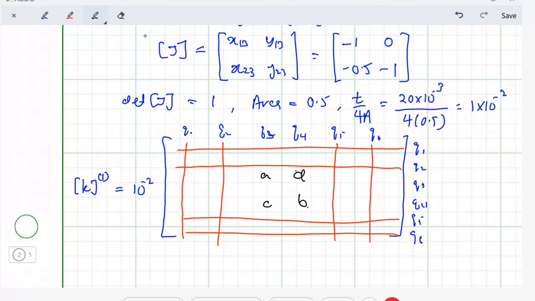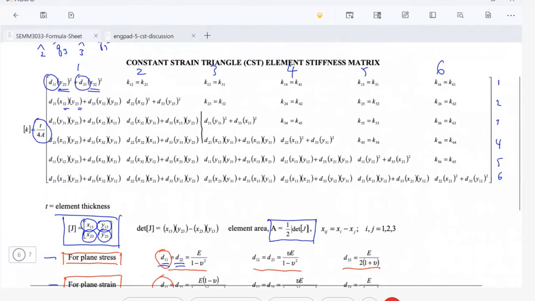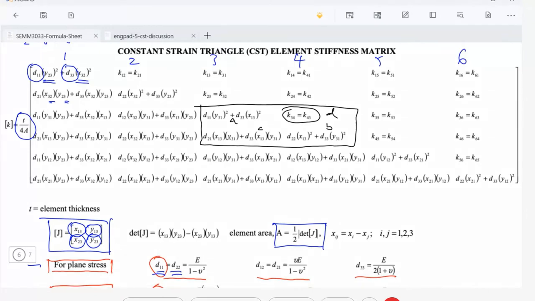So we need to find the formula for A, B, C, and D. Let's look at the formula sheet again. We are interested in 3, 3, 4, 4. Note that these are symmetrical; this is the same as this one because the matrix is symmetric, not the shape. This is our A, this is our B, this is our C, and this is our D. We can straight away use this formula.